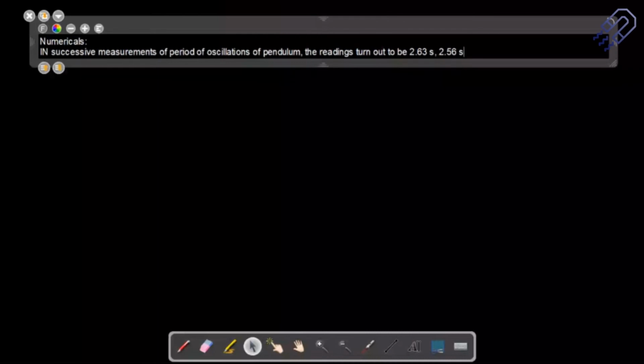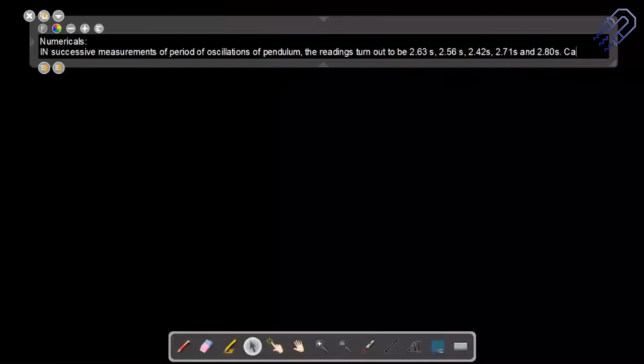I'm not taking any kind of sequence here, just whatever values we observed from an experiment. 2.42 seconds, and then maybe 2.71 seconds, and let's say the last value is 2.80 seconds. So we basically have 5 values here.